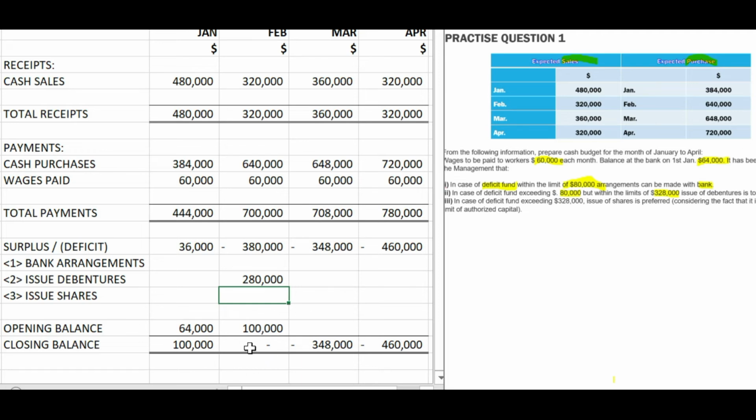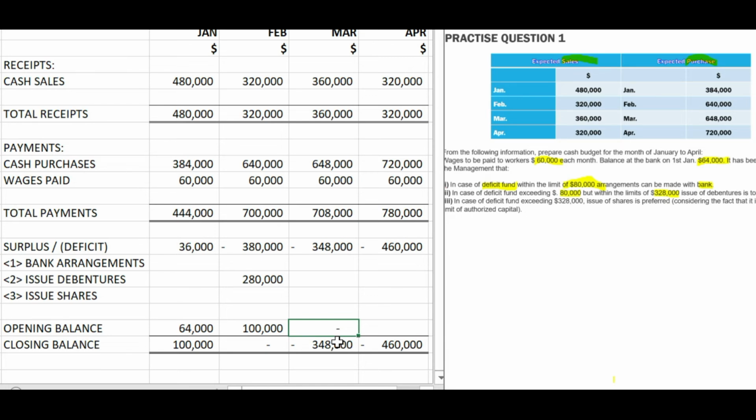Since we have no balance in February, the opening balance for March will also be 0. Total receipt minus total payment gives a deficit of 348,000, and with no balance, the whole 348,000 is your deficit.